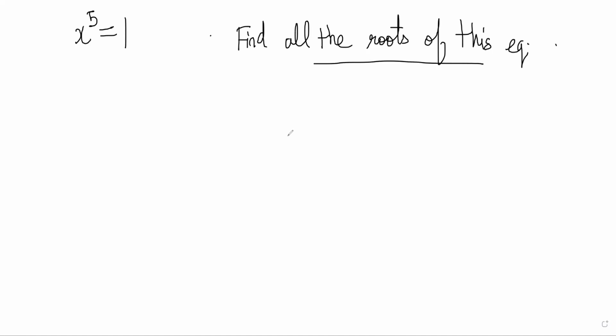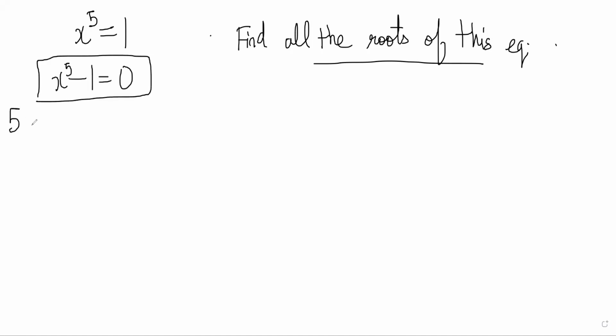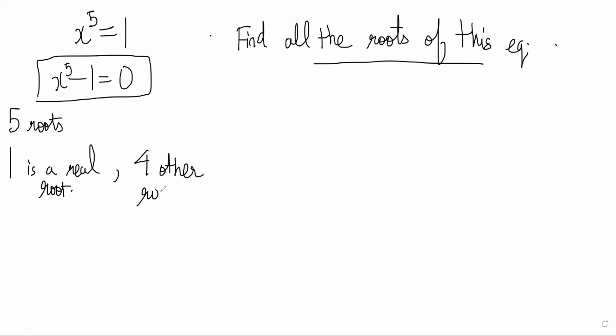Obviously x is equal to 1 is a root, but this equation is supposed to have 5 roots. Maybe x is equal to 1 is a real root, but the other roots are imaginary, complex roots. So 4 other roots are possible, but how do we find those roots? That is the question.